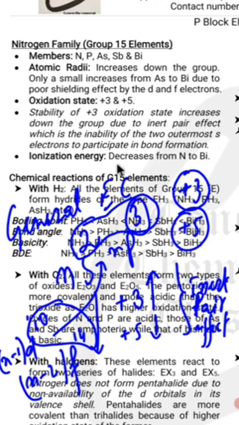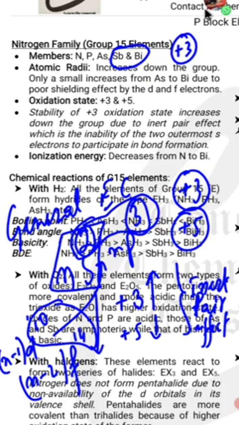So the 2 electrons in the outermost ns orbital do not have a tendency to go out for bond formation. So in the heavier elements, antimony and bismuth, they show +3 oxidation state only, but they can show +5 oxidation state, but their stability is less.